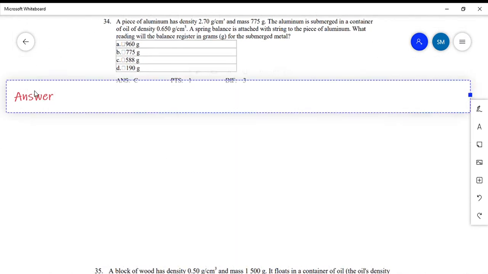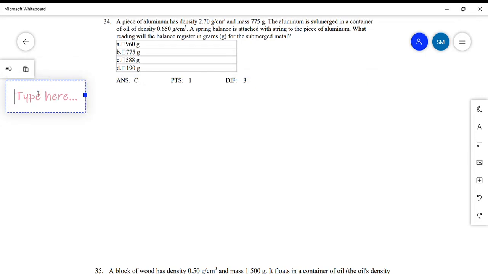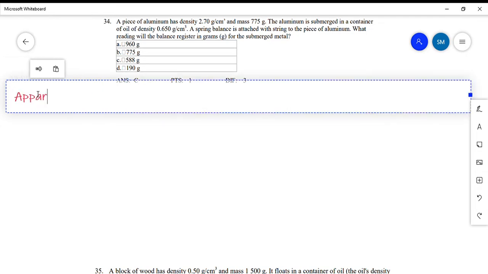Question number 34. He wants to know the apparent mass or the apparent weight. So the apparent weight is simply equal to the actual weight minus the buoyant force.